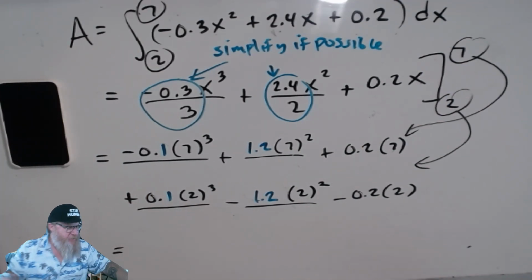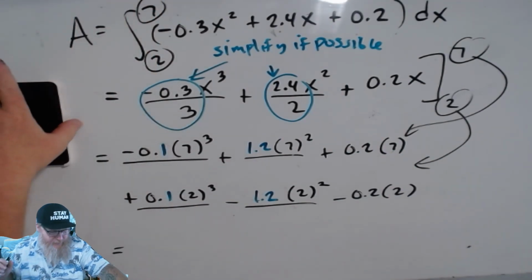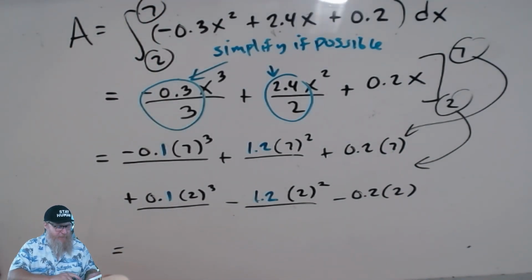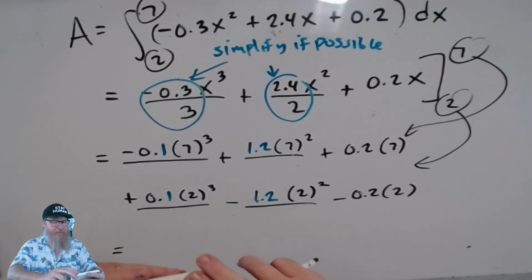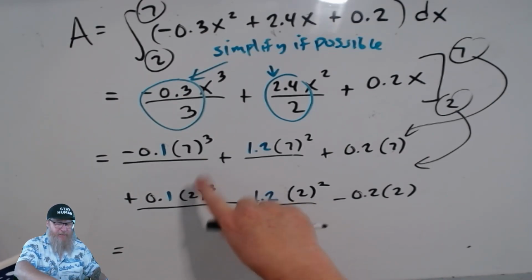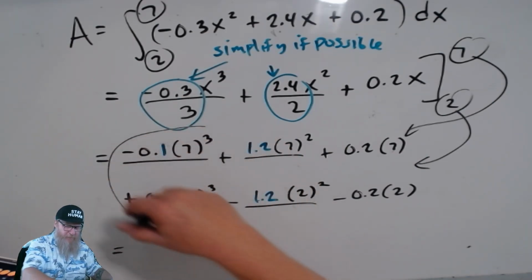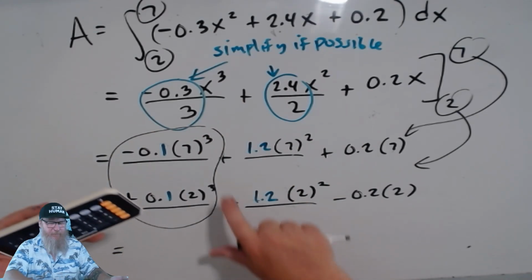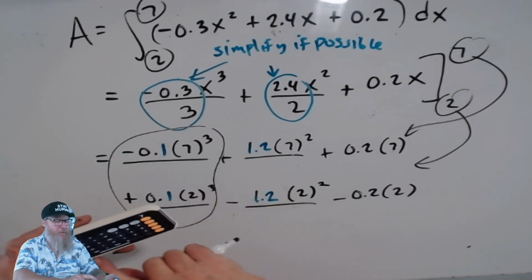All right, and so now it's just arithmetic, and you have calculators, so go ahead and work that out. Now watch how I'm going to do this. I'm going to do this in columns here. So I've got 7 cubed.